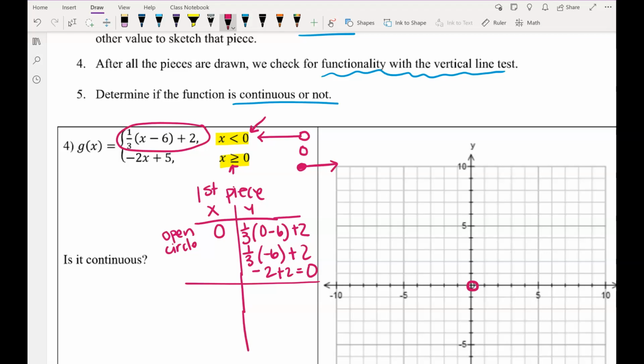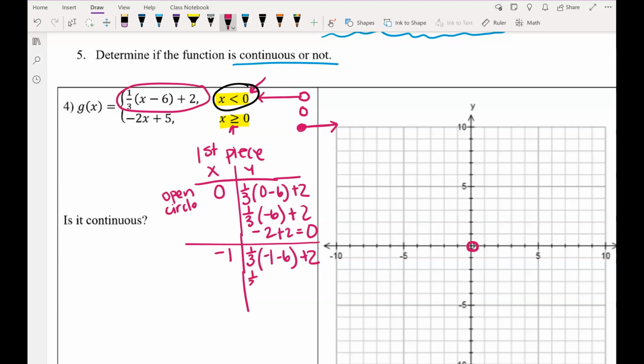Now we can pick every single value that we want when it's less than 0. So I'm going to pick -1 because -1 is less than 0. So again, we will plug it into the first piece. So 1/3 times -1 minus 6 plus 2. Well, negative 1 minus 6 is going to give us a negative 7.